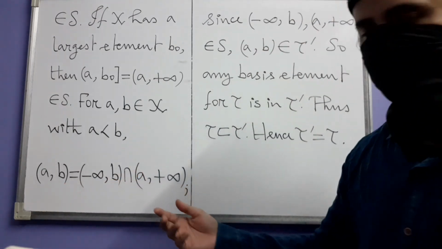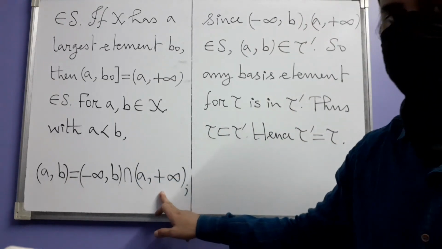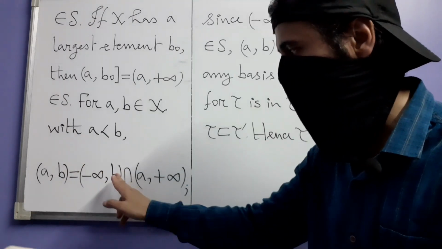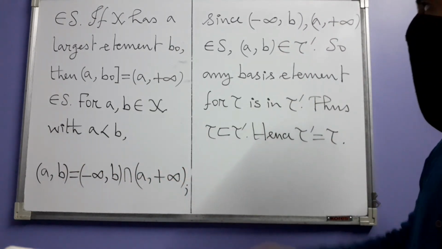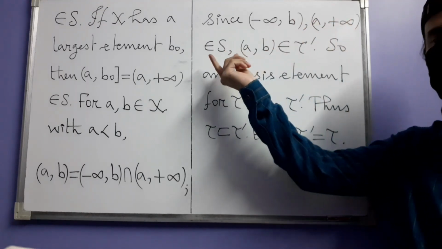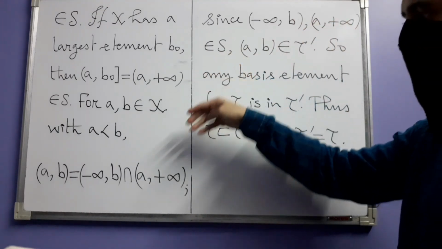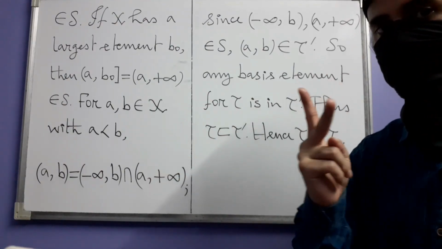It's easy, almost trivial, to check that this is equal to the intersection of two open rays, (minus infinity, b) and (a, plus infinity), and they, being open rays, are elements in S. And this is the finite intersection. In fact, it's the intersection of two elements in S.